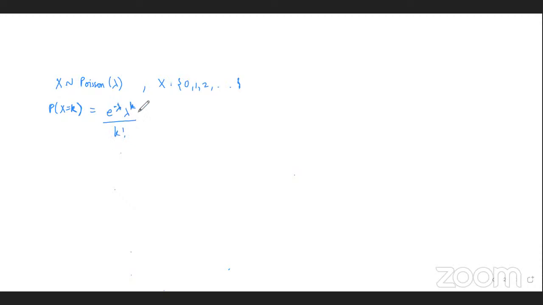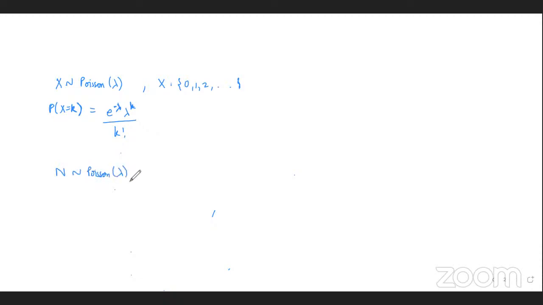Now if you look at that example, you're talking about the Poisson number of coin tosses. What we are saying there is you have a random variable N that follows the Poisson distribution with parameter lambda.